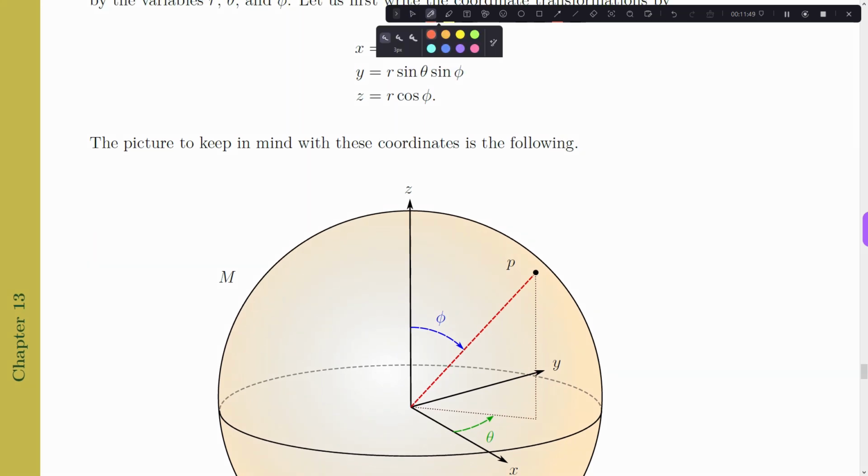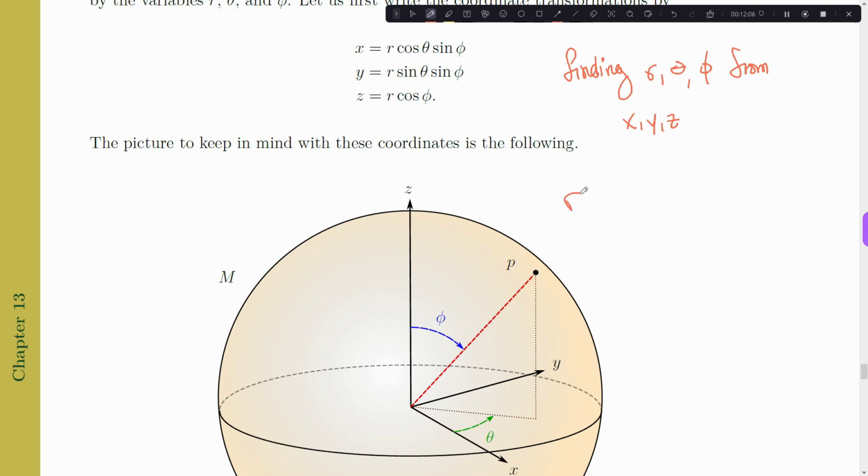So if we want to jump back, how do we find r, theta, and phi from x, y, and z? That hasn't been described here yet. R is, we just noticed, x squared plus y squared plus z squared, and we take the root. Theta hasn't changed from before. It's the arctangent of y over x, possibly plus pi, depending on how your calculator interprets arctangent. And finally, phi is a little bit trickier, right?